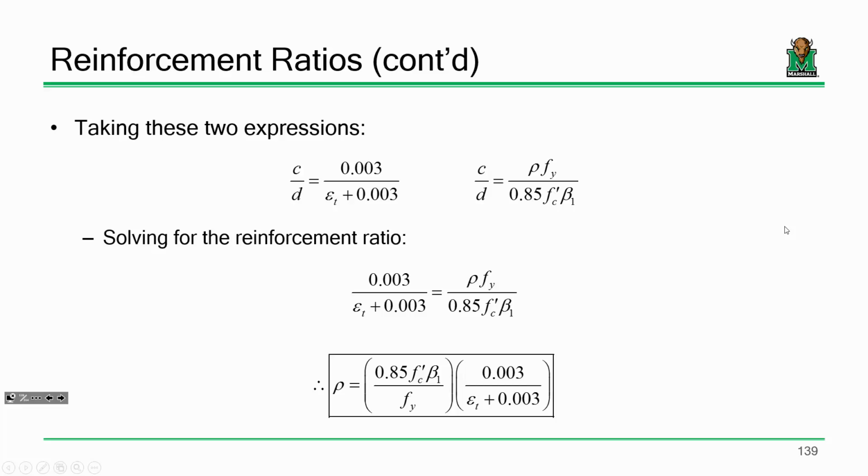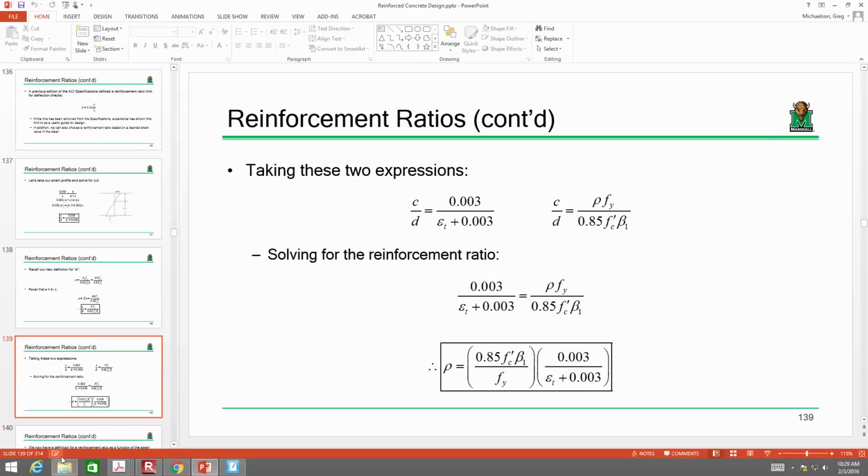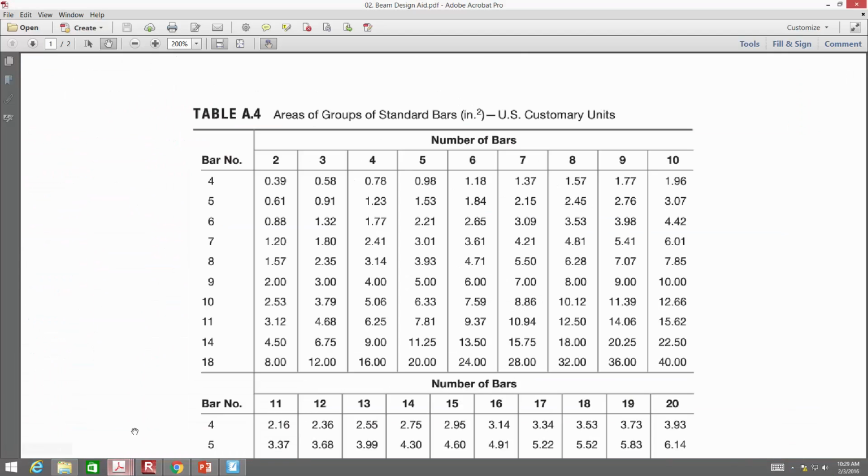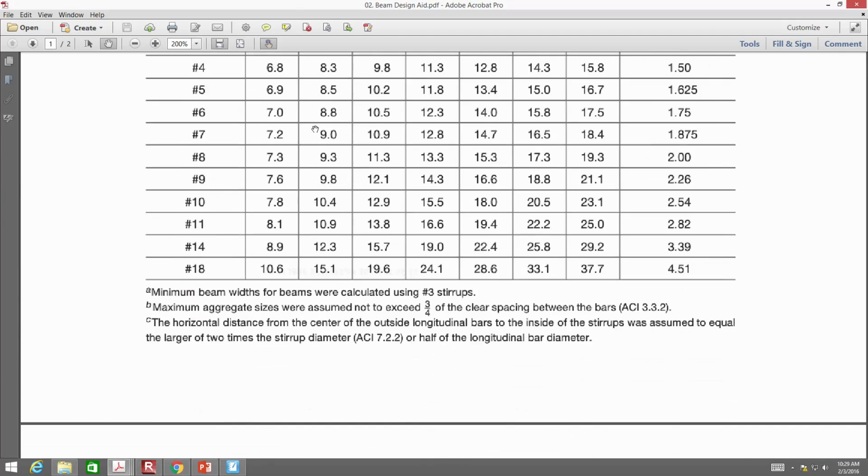Okay. So let's look at this equation. What do you need in this equation to calculate a reinforcement ratio? You need an FC prime, you need Fy, you need beta 1, and you need a target strain. Now, that guide that we're looking at, I want you to look at the back of it.